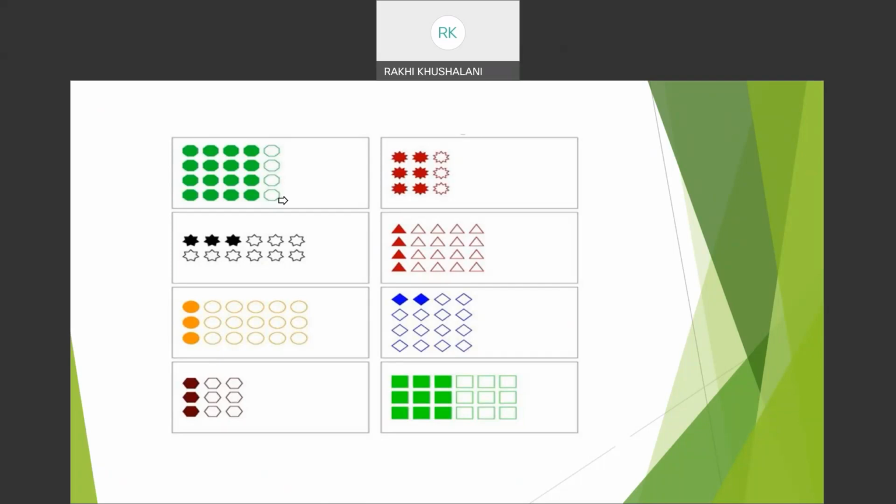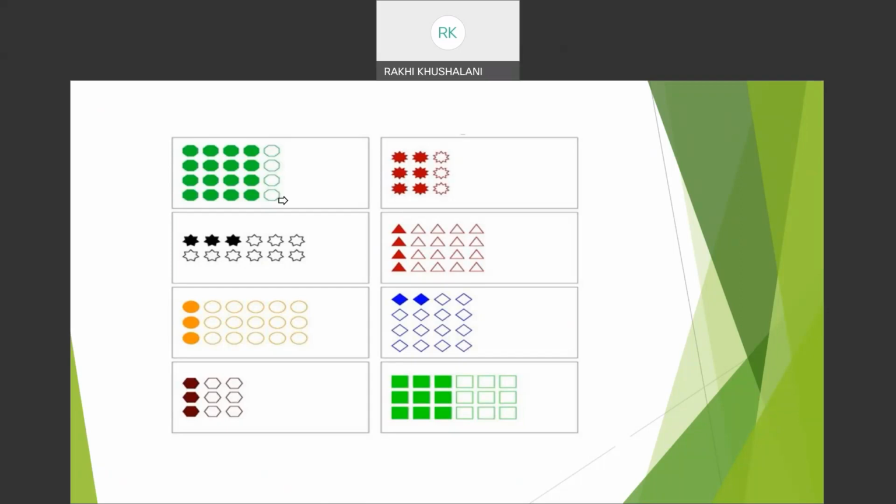There are 5 groups, and out of which 4 groups are green in color. You are going to answer this to yourself. Maybe you are going to jot it down in your copy, and tomorrow I'm going to come back to this slide and discuss it with you. I'm not going to answer it now.